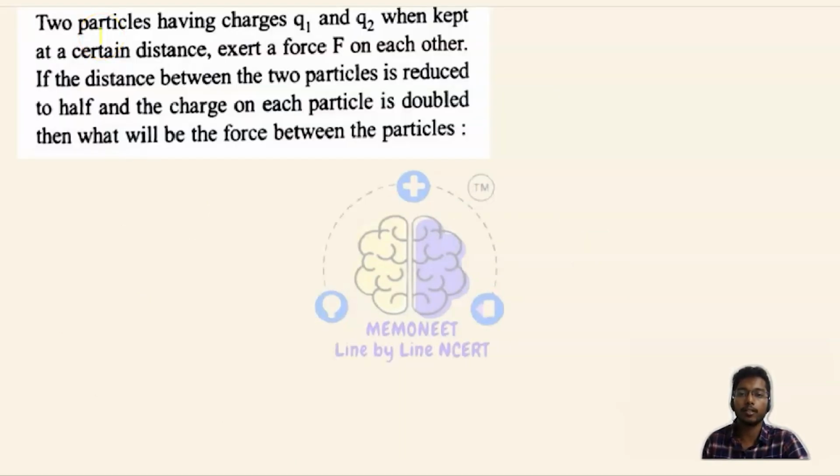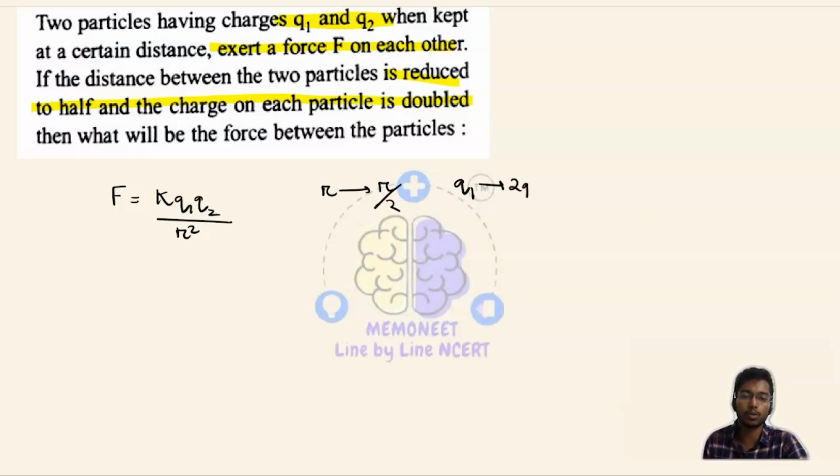Two particles having charges Q1 and Q2, when kept at a certain distance, exert a force F on each other. If the distance between the two particles is reduced to half and the charge on each particle is doubled, what will be the force between the particles? We have the force F = K Q1 Q2 upon R square. Now the distance is changed to half, Q1 is doubled to 2Q1, and Q2 is doubled to 2Q2.